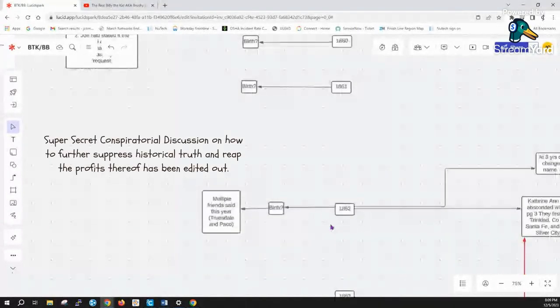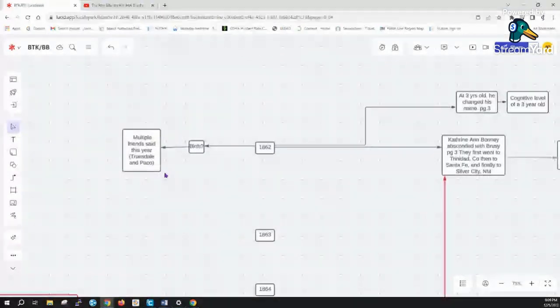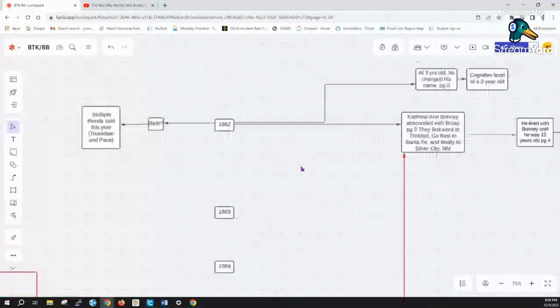So birth, there were a lot of friends that had said that he was born in '62. So this is coming from Truesdale or Paco Anaya. And it's interesting, Chauncey Truesdale was still alive in the 1940s and '50s. So I don't know why Morrison wouldn't have tried to track him down, or at least my understanding is he was still alive.